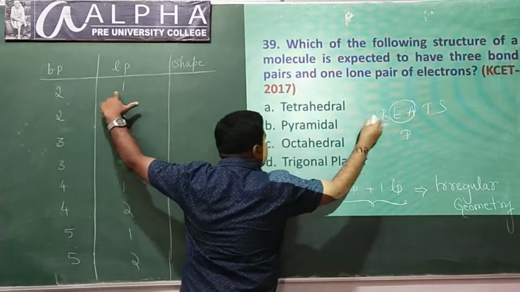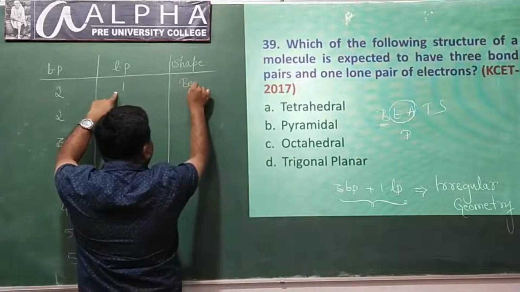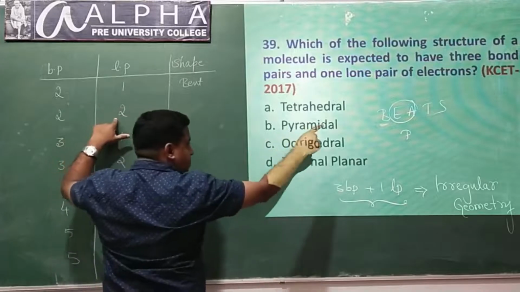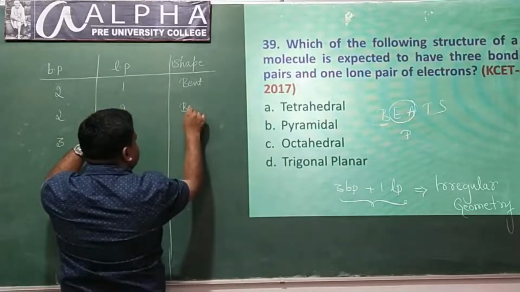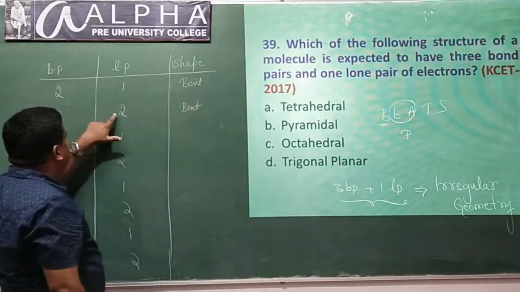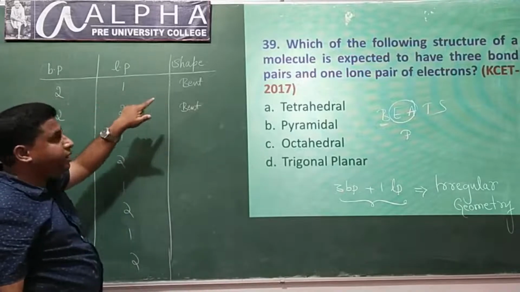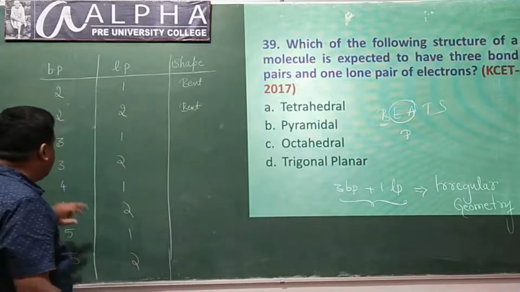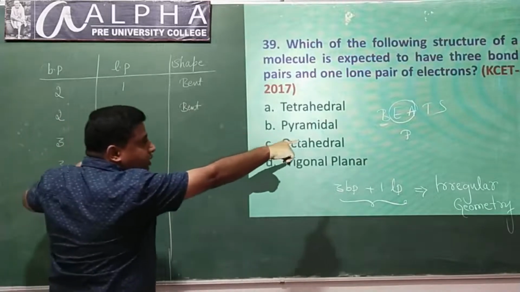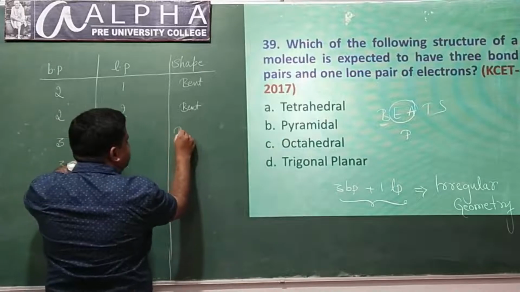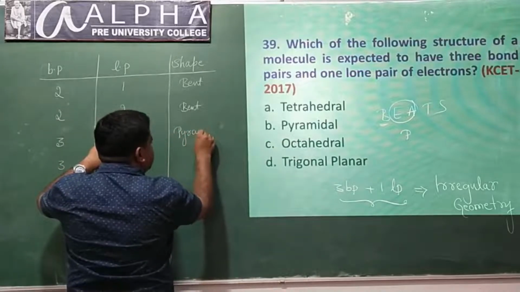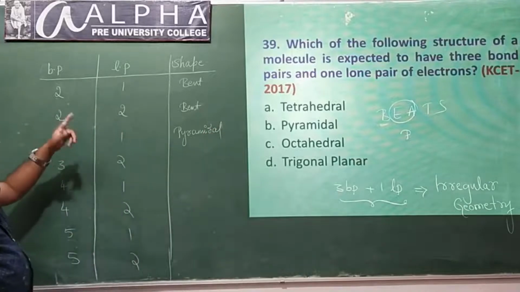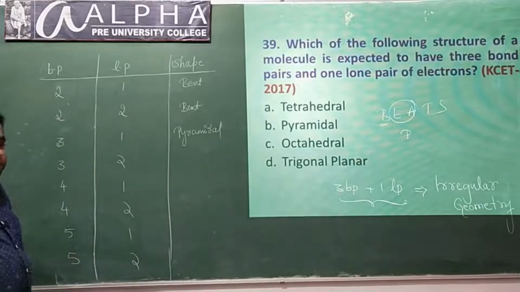B means bent. 2 bond pairs, 2 lone pairs: again bent. 3 bond pair, 1 lone pair: next word is P, pyramidal. 3 bond pairs, 1 lone pair means pyramidal geometry.